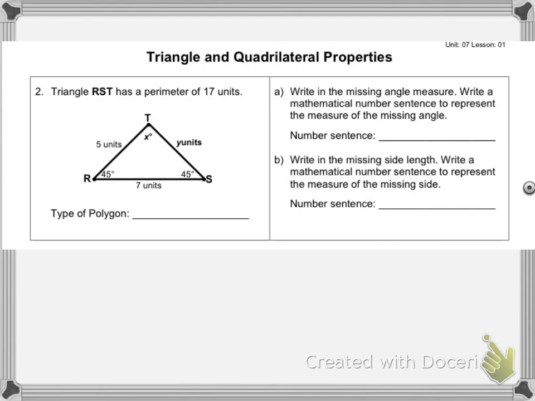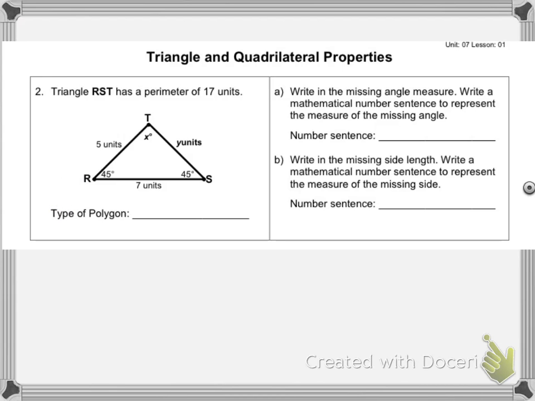Number 2, triangle RST has a perimeter of 17 units. So if I walk from R to T, T to S, and S back to R, I should walk a total of 17 units. I know that from R to T is 5 units, from T to S is an unknown number, and from S to R is 7 units.